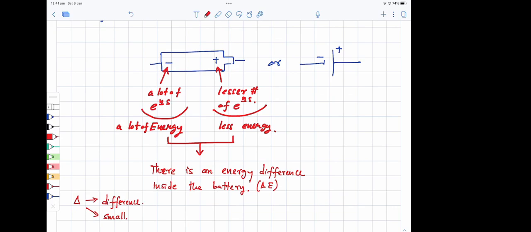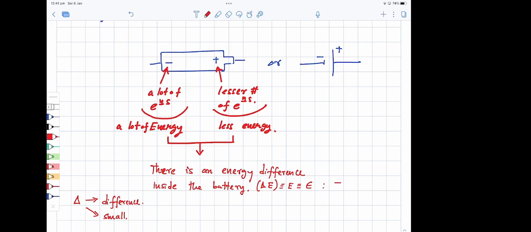Sometimes people use delta E, sometimes people use E, sometimes people use a weird notation, we call it epsilon. That's a Greek letter, epsilon. If you see this in front of a battery, that means energy difference, the energy of a battery. So this is nothing but the energy difference inside the battery.